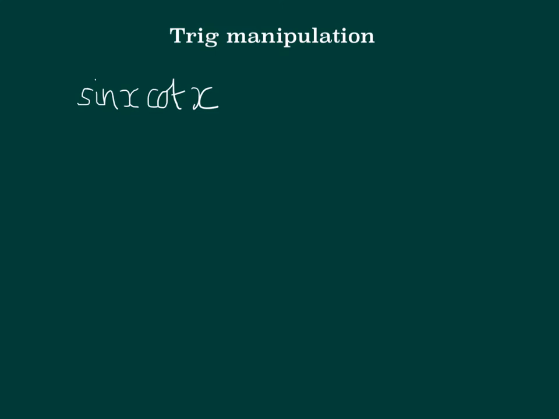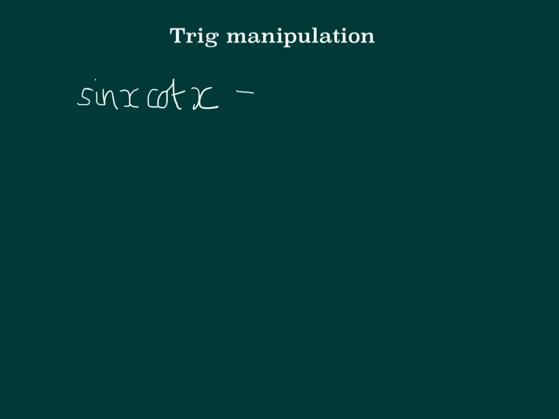When we say trig manipulation, what we mean is using the definitions of these trig functions. So here we've got sine x times cot x, and we can use the definition that cot x is cos x over sine x. We want to use everything in terms of sine and cos.